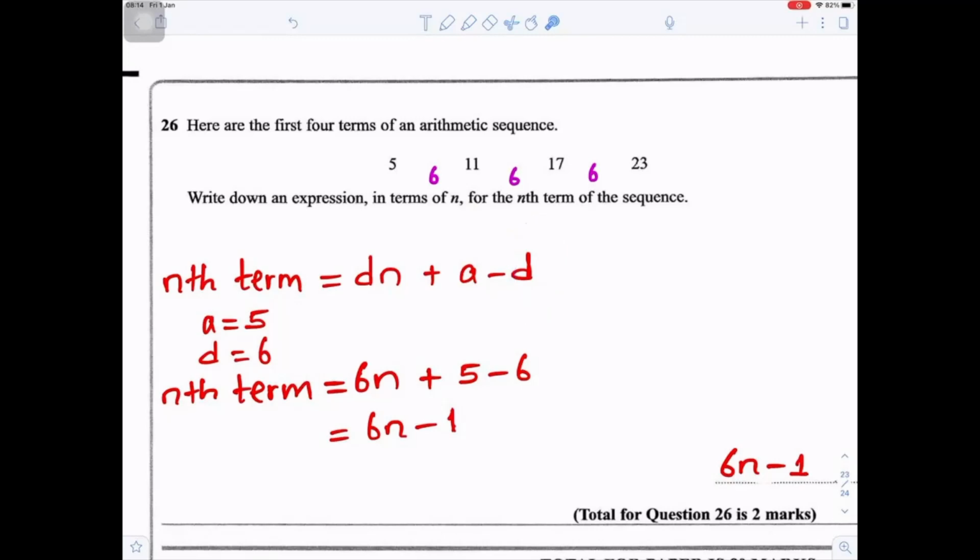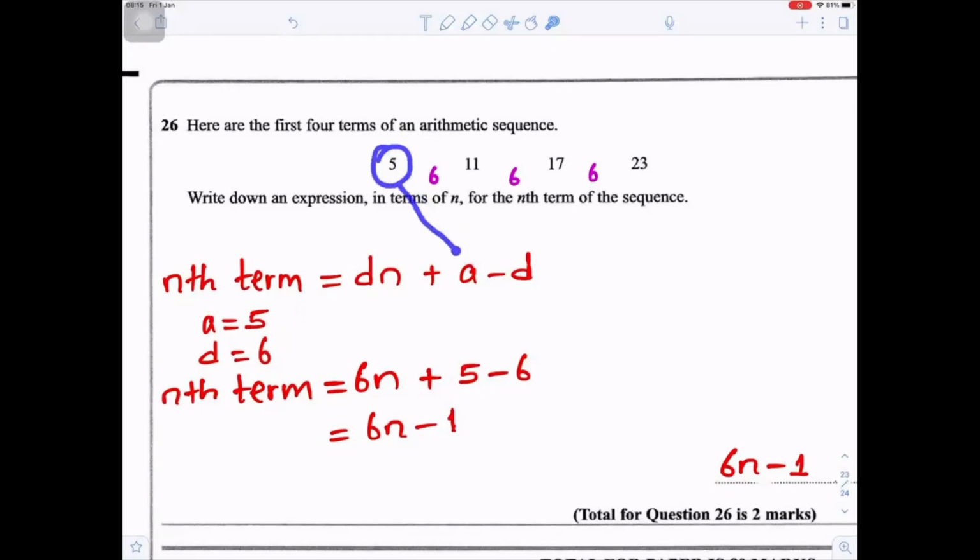The difference is 11 take away 5 is 6, 17 take away 11 is 6, 23 take away 17 is 6. So the difference is 6, so you substitute 6 in there. The first term is 5, a, like the first letter in the alphabet.